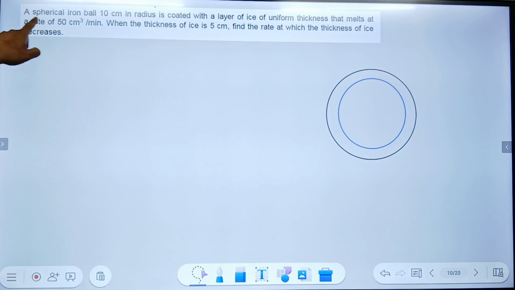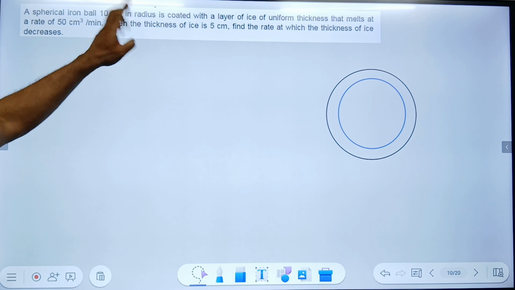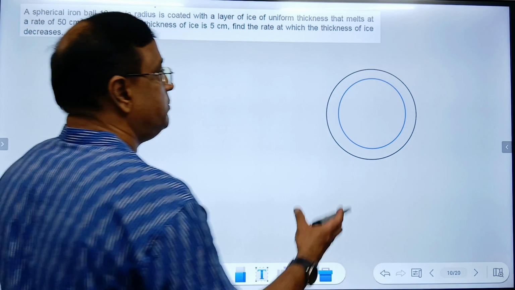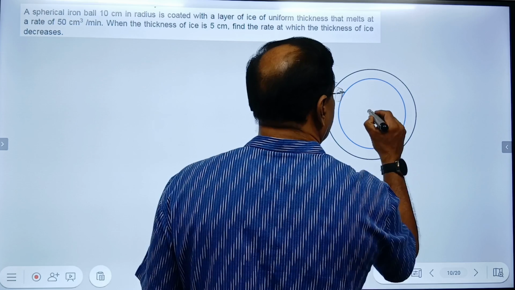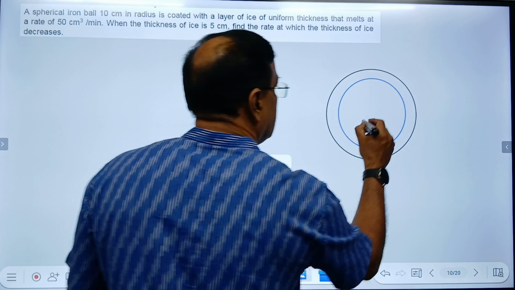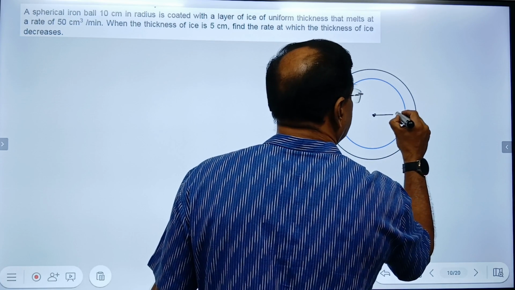Now a spherical iron ball of 10 centimeters radius. Okay, this is 10 centimeter.